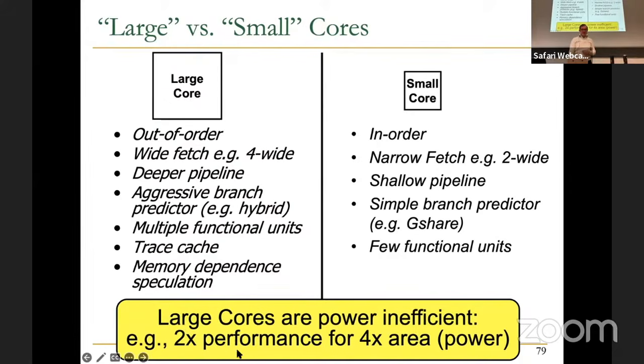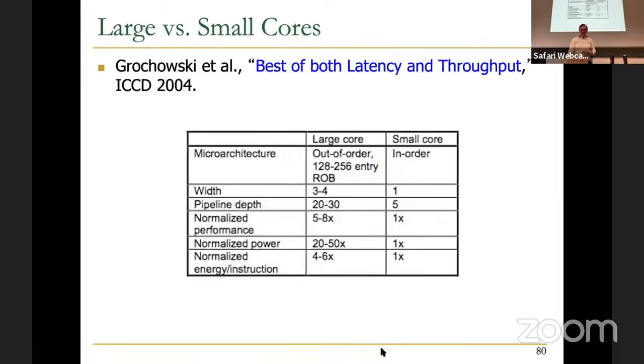Essentially, you get 2x performance with a large core for 4x area. Area could be a first-order predictor of power. And these are some results from Intel, actually. This is their paper from 2004. They basically talk about large versus small cores in a different context, as we may see later on. This is what a large core looks like over here, and this is what a small core looks like.